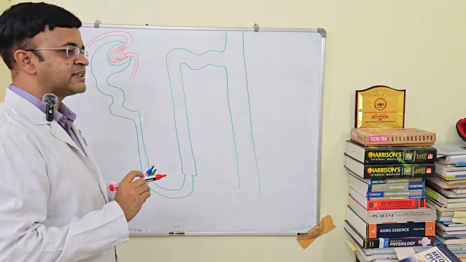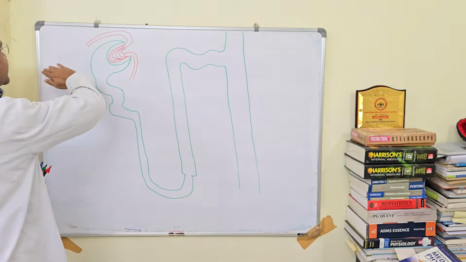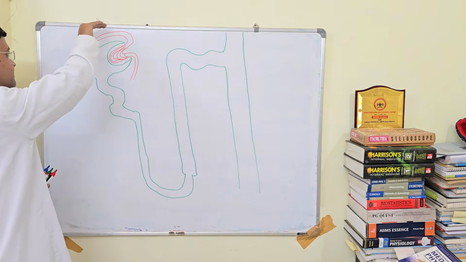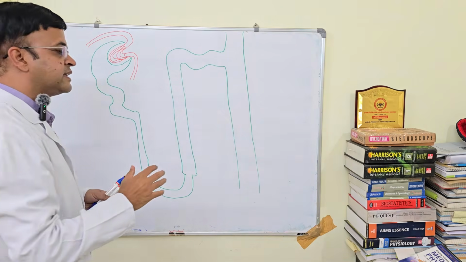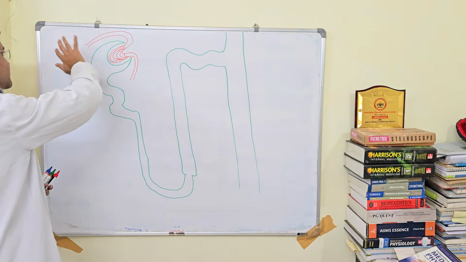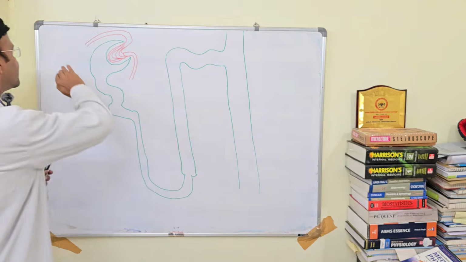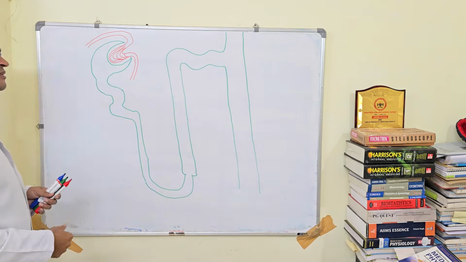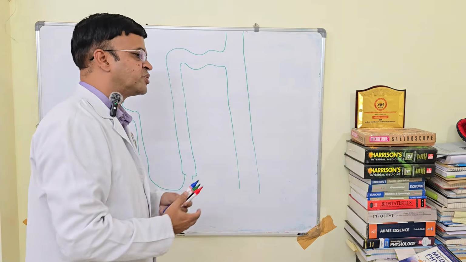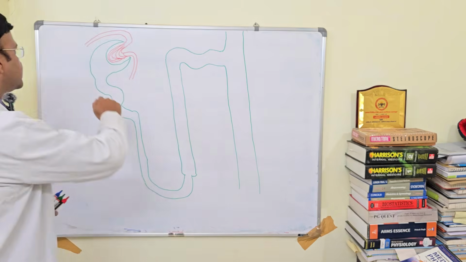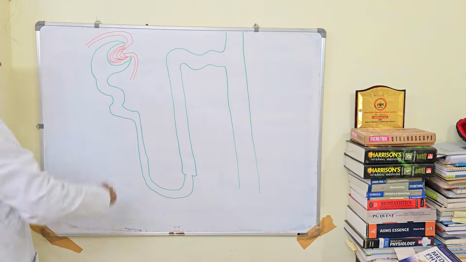Pre-renal means that there is some cause before the kidney. That means there is some cause in the afferent blood vessel, or in the supply which is going through these afferent blood vessels. So due to some reason, the blood flow is less.